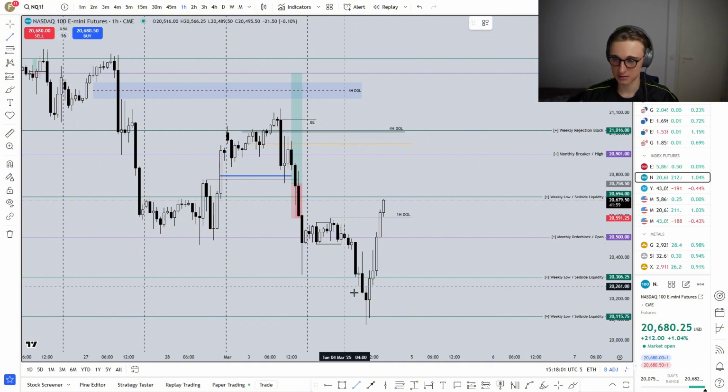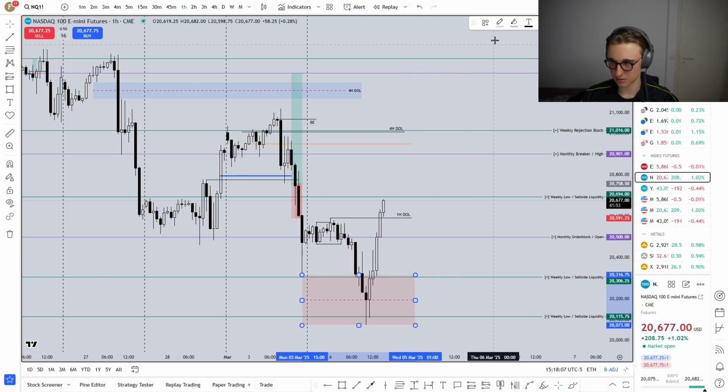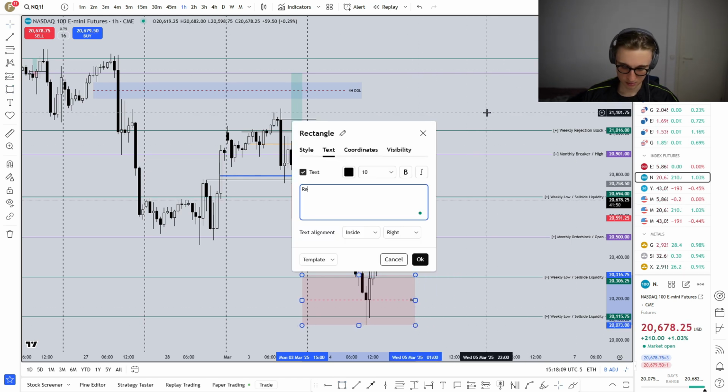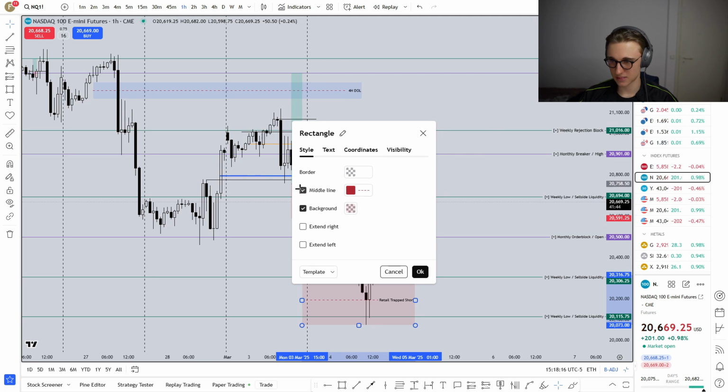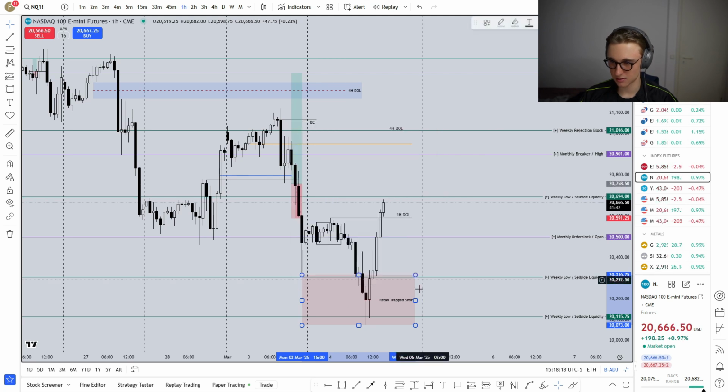Now I think all of this are short trapped retail traders. Retail trapped short for the week. That's why I don't want to see the market revisit this area right here.